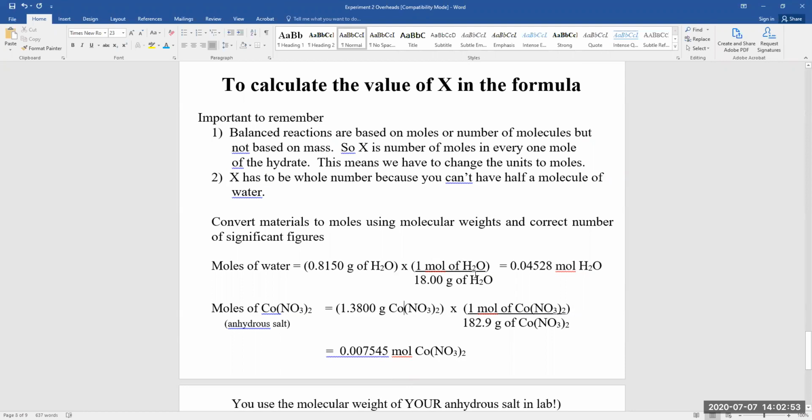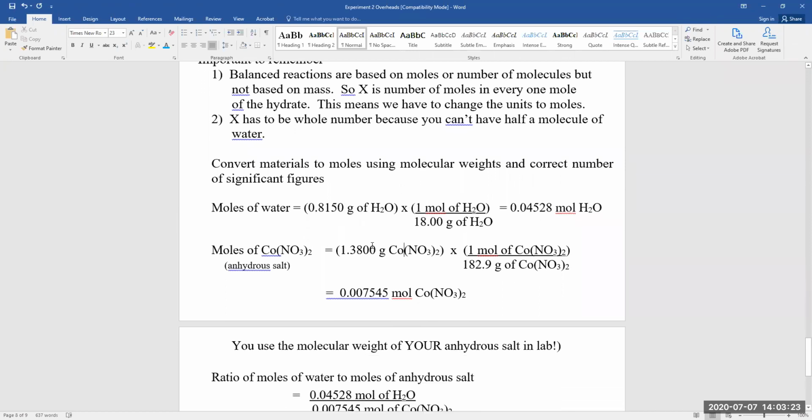I have to do this calculation to at least 4 sig figs, because my data is good to 4 sig figs. Looking at this, the units cancel out, the grams of water and the grams of water, and I have the moles of water. With 4 sig figs and 4 sig figs, my answer gets 4 sig figs.